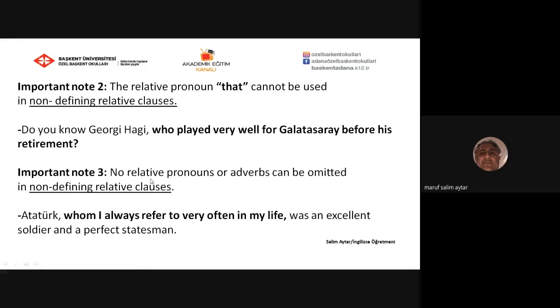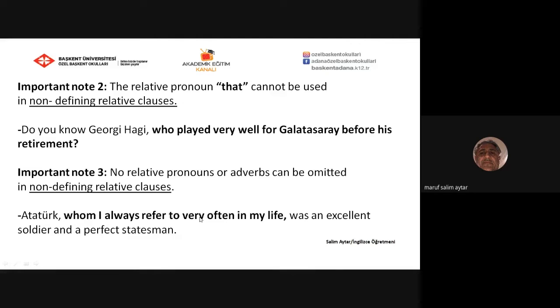No relative pronouns or adverbs can be omitted in non-defining relative clauses. I would like to repeat it. No relative pronouns or adverbs can be left out in non-defining relative clauses.